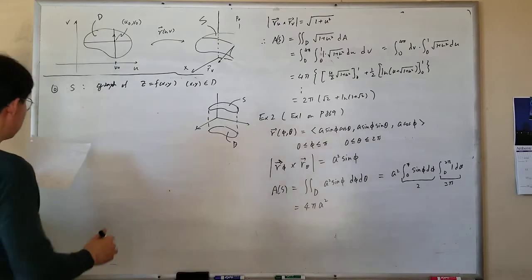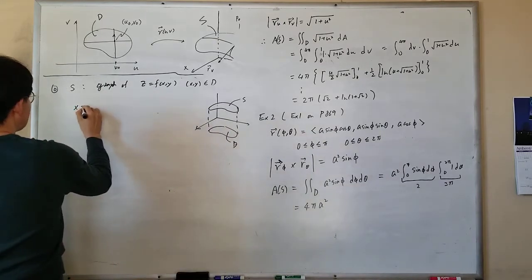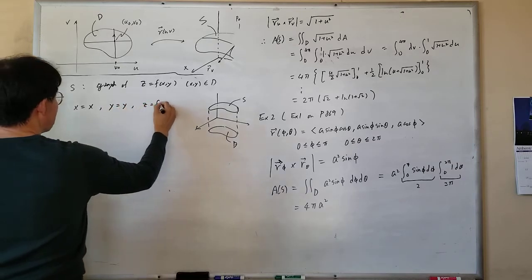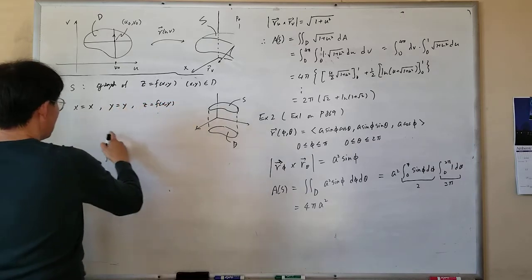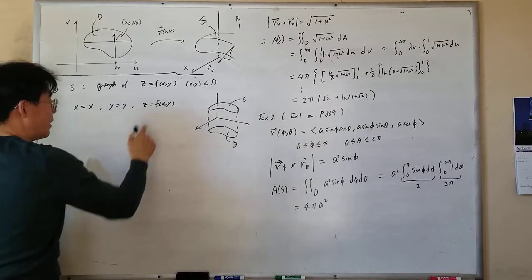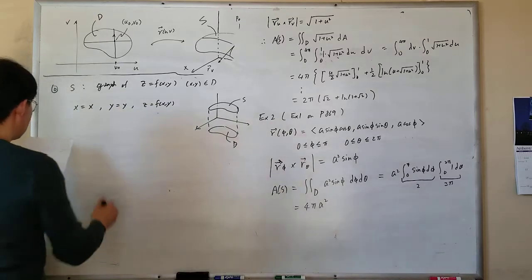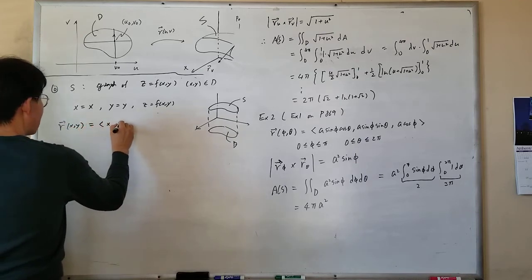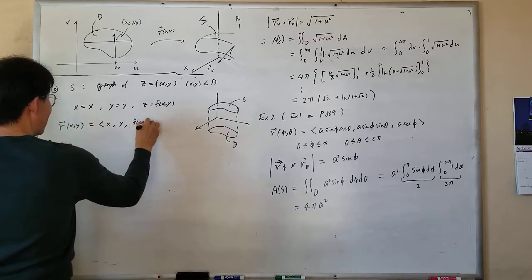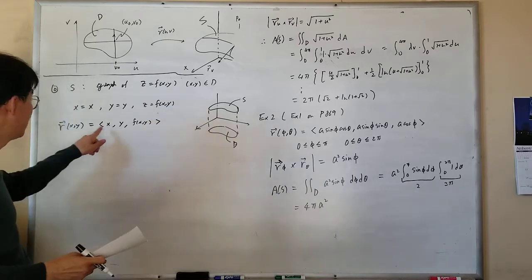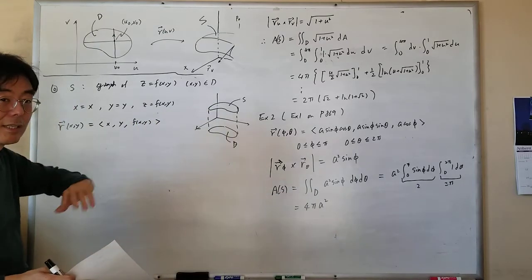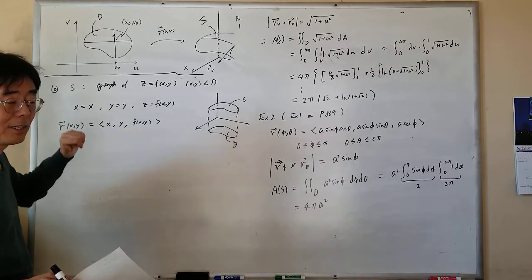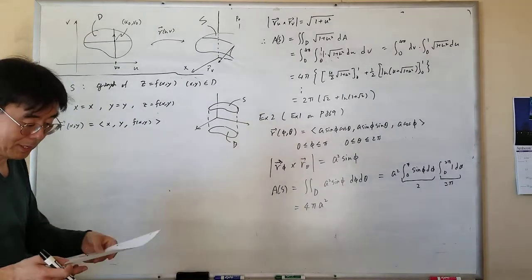How? We use x as a parameter and y as a parameter. You could say u, v, and r of u, v is u, v, f of u, v. But when u and x are equal and v and y are equal, why don't we just use x and y?